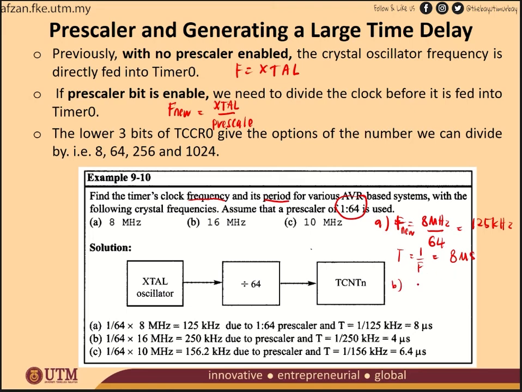What about B? Similarly, you find your new F by using the 16 megahertz divided by 64, and you get 250 kilohertz. Then T equals 1 over F, so you get 4 microseconds.